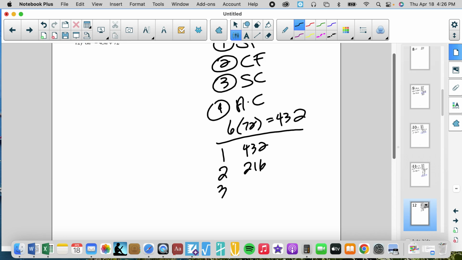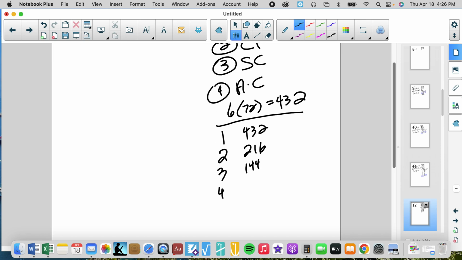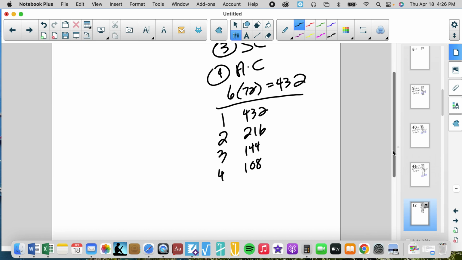Yeah, 3 goes into that. 4 goes into 108. 5, no. 6, yes. 6 goes into 72. 7, I feel like 7 should go into it, but no. 8, yes, 54. What are we doing?